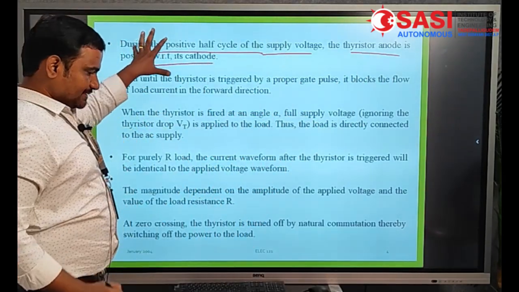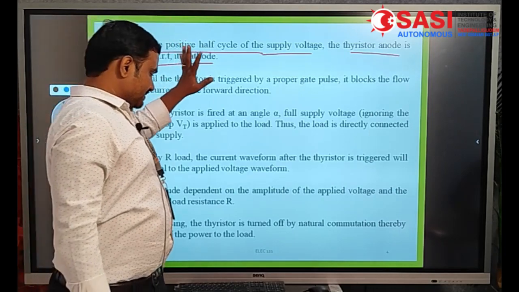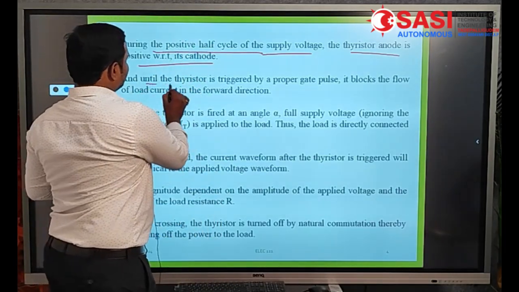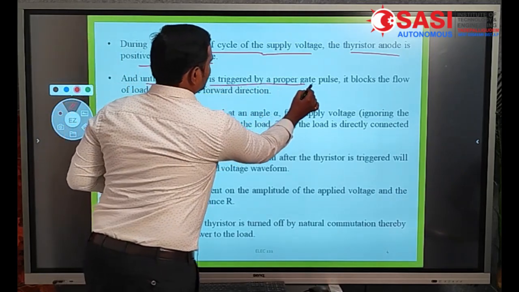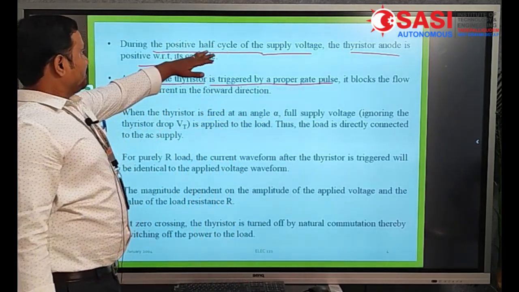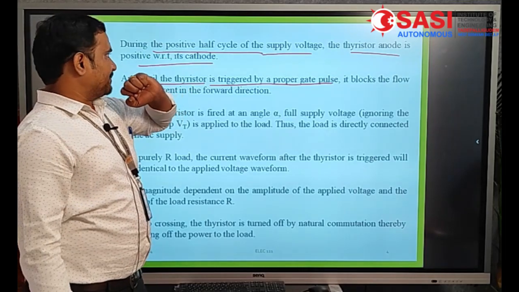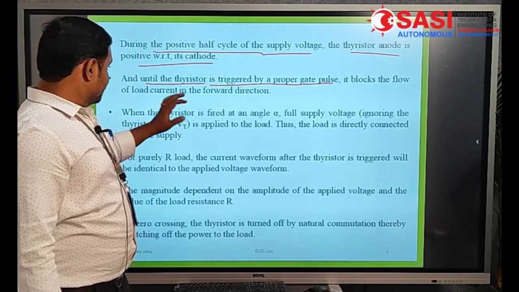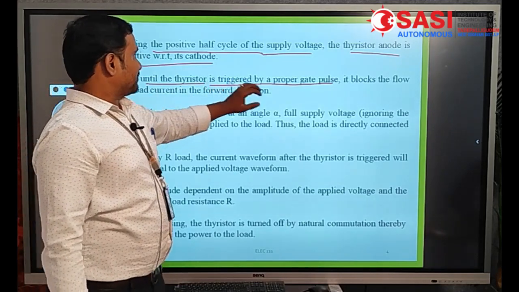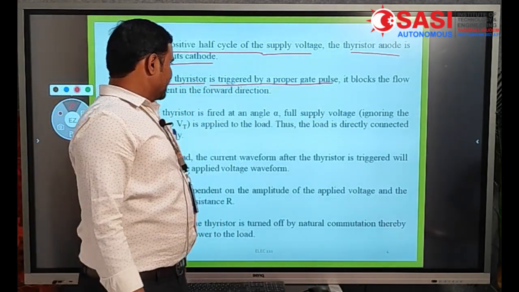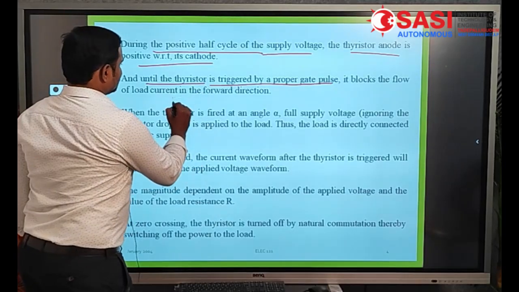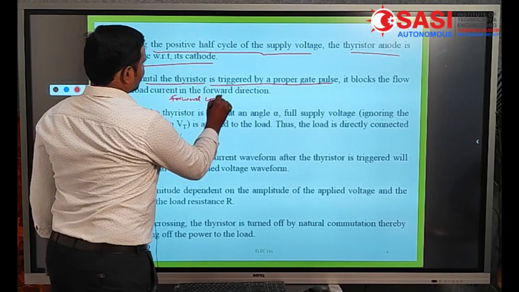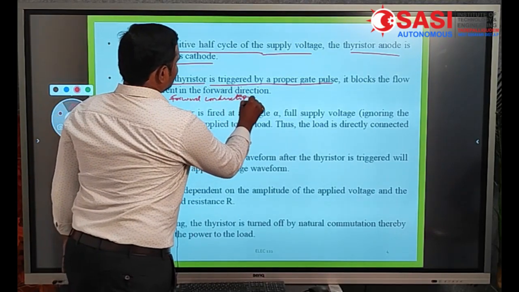Therefore it is in forward bias, but not in forward conduction until the thyristor is triggered by a proper gate pulse. So during this condition, the thyristor is in the forward blocking state only. Then whenever it is triggered by a proper gate pulse, it becomes forward conduction.